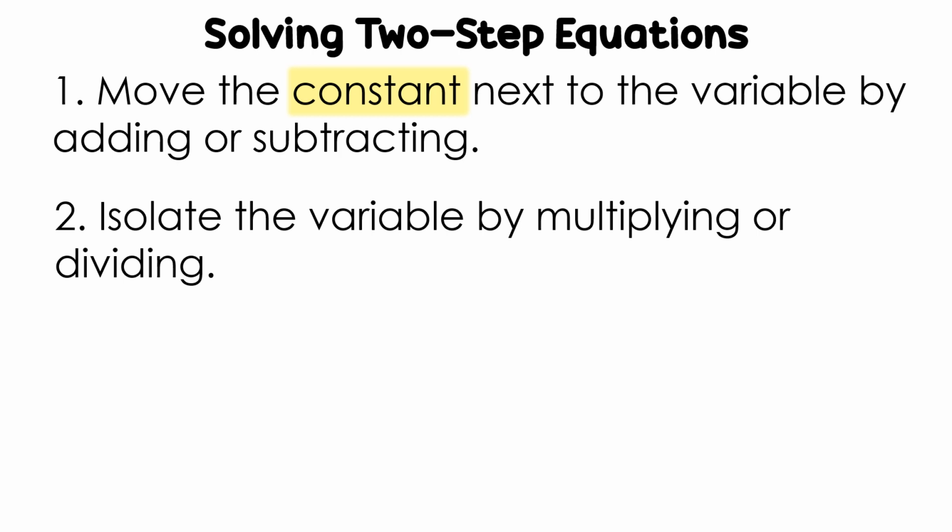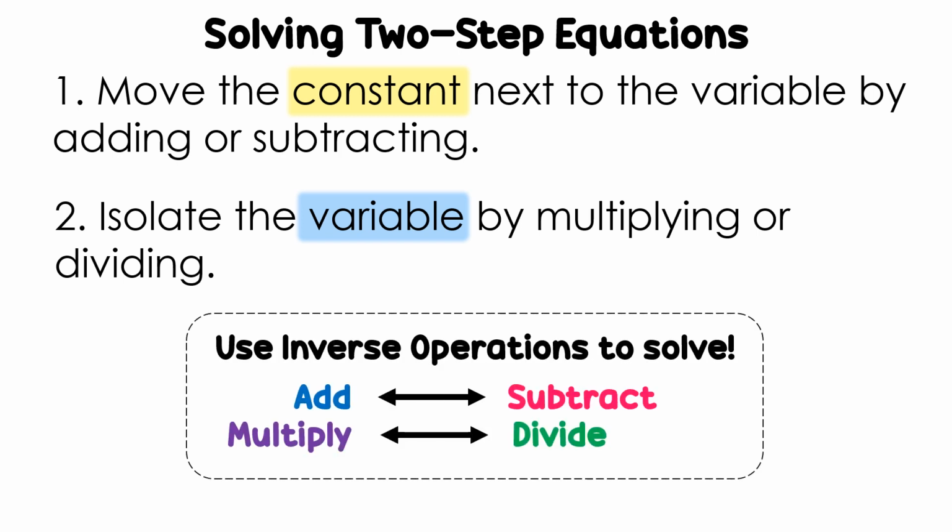Your second step is to isolate the variable by multiplying or dividing. We use inverse operations to solve. That means adding and subtracting are opposites and will undo those operations. Same thing with multiplying and dividing. They will undo each other's operations.